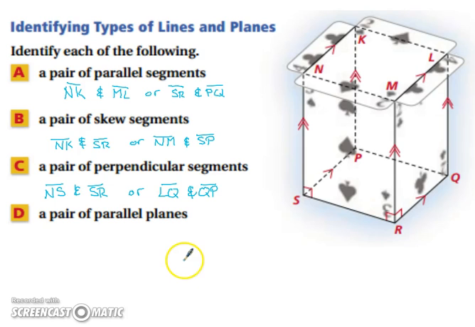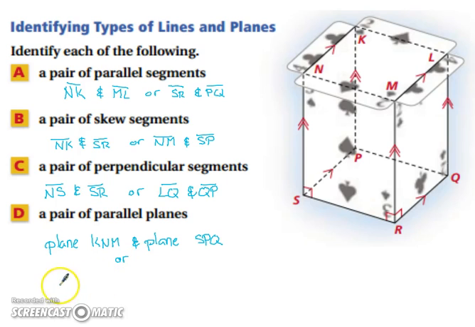How about a pair of parallel planes? Well, you can look at maybe the top and the bottom. So we have plane KM and plane SPQ.